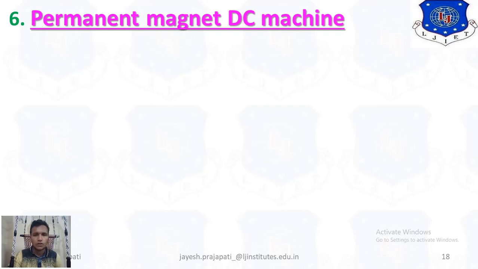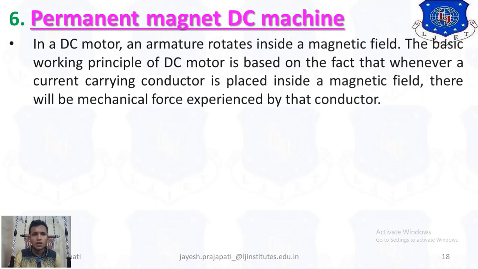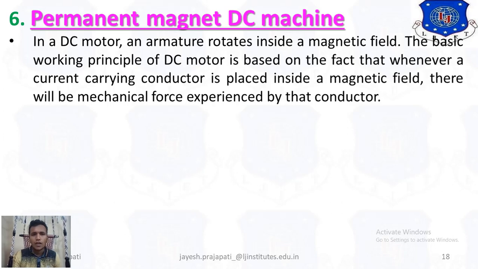In a DC motor, an armature rotates inside the magnetic field. The basic working principle of DC motor is based on the fact that whenever a current carrying conductor is placed inside a magnetic field, there will be a magnetic force experienced by that conductor.